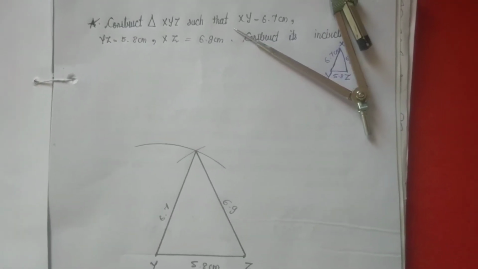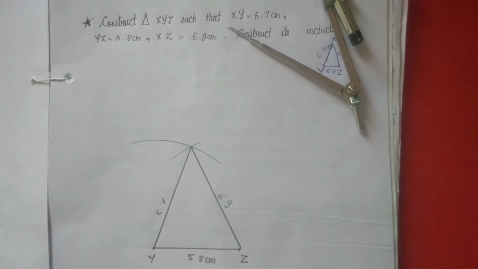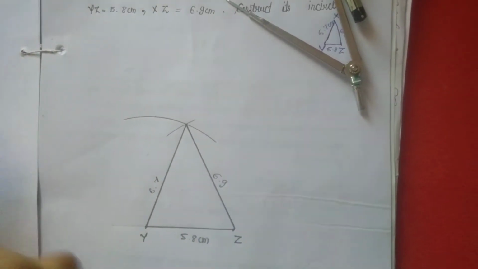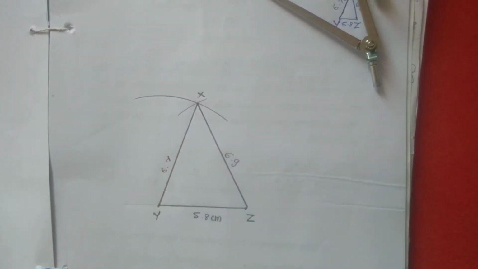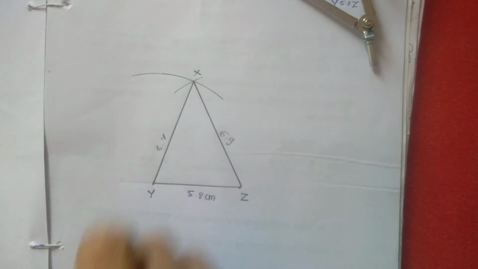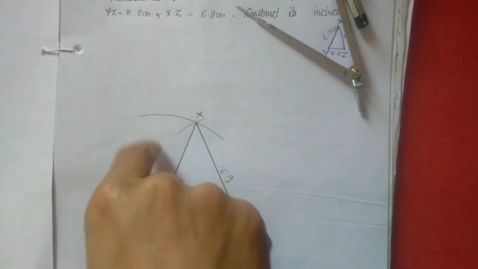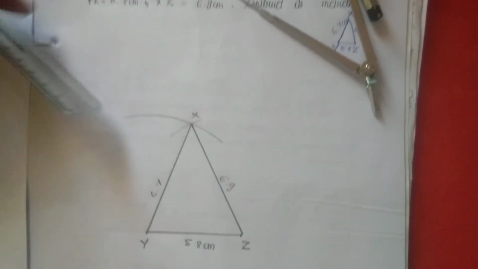In that we drew the side bisector, which was dividing this side into two equal parts. If it is 5 centimeter, it would be 2.5 centimeter. It would divide. And what is a side bisector?